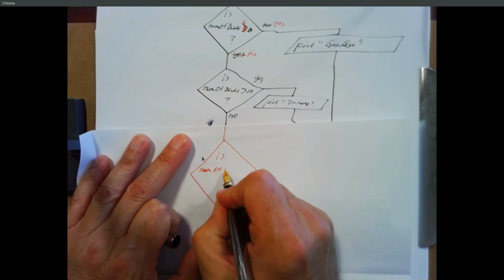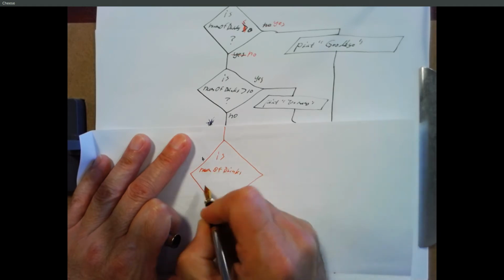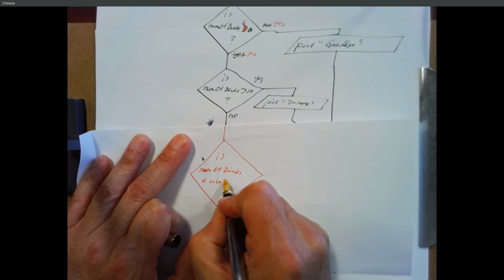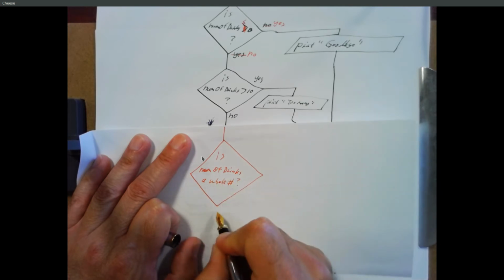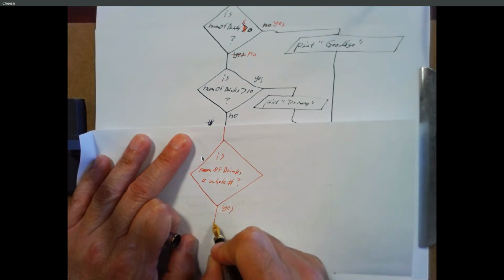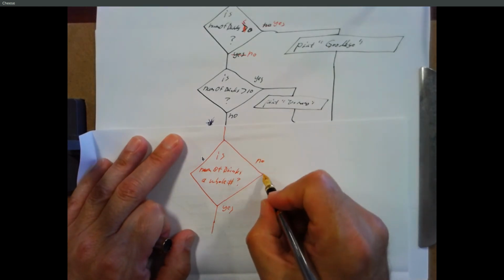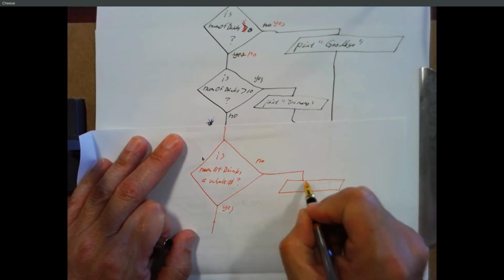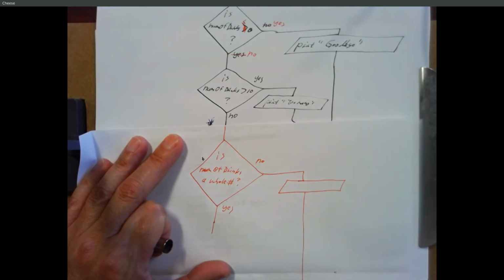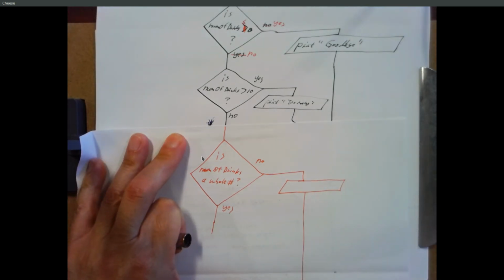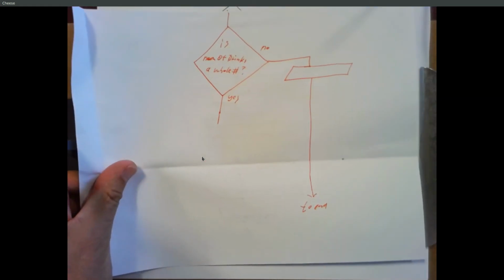So is number of drinks a whole number? And if it is, we'll go on, we'll see if there's a discount and so on. But if not, we'll print something and we'll go down to the end of the code.